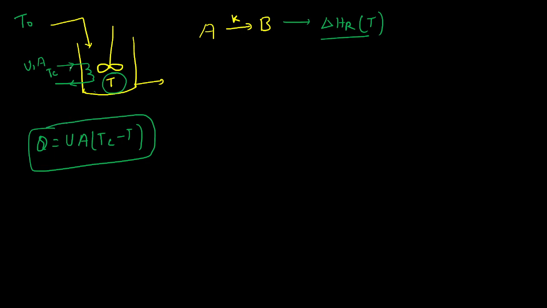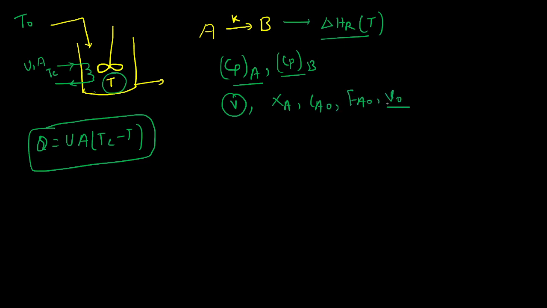Now, the heat capacity of A is Cp of A and the heat capacity of B is Cp of B, right? The reactor volume is V, X is the conversion, and Ca naught, Fa naught, and V naught are all given, right?